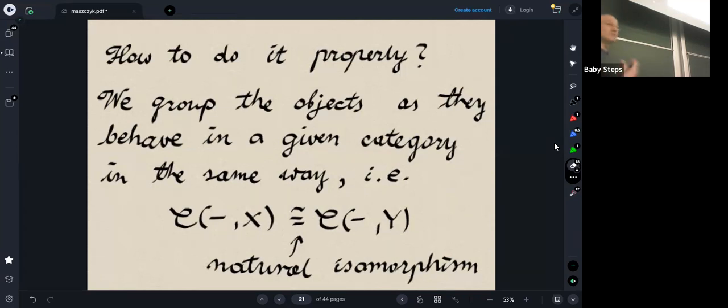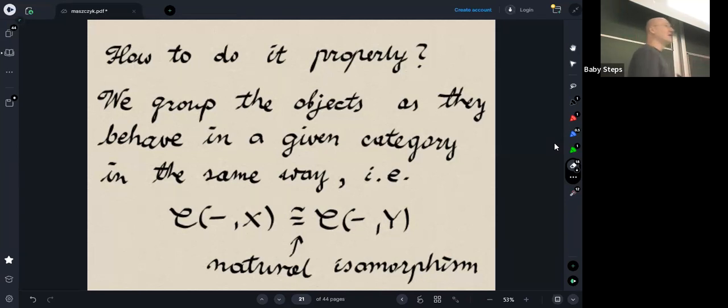So first we have to fix the category, and then we compare them through the functor which takes values in the category of sets, or a locally small category, so-called. And it is of the following form. We fix the object X, and we consider all possible morphisms from all other objects in this category.